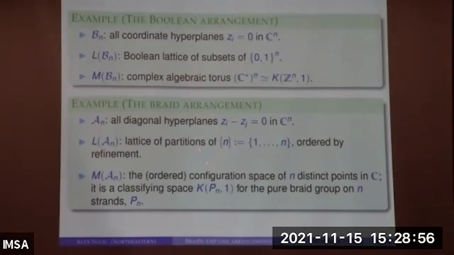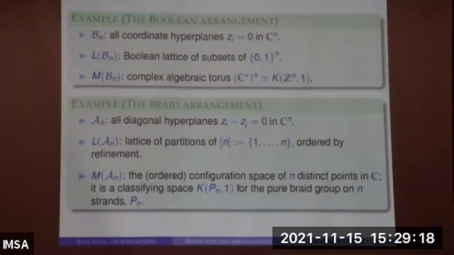The next example is probably the most important one in the whole theory that connects braids and arrangements directly, the so-called braid arrangement, which consists of all the hyperplanes z_i equals z_j. We saw them explicitly in Mario's talk this morning.